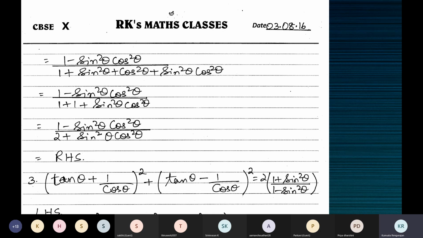I think I have to do at least one more, children. That will be 3 proofs. I think students of Mahatma Gandhi maybe can make use of the meeting recording. I'll do one more and then wind up the class. For the last part alone, 3 and 4, you can just use the meeting recording.